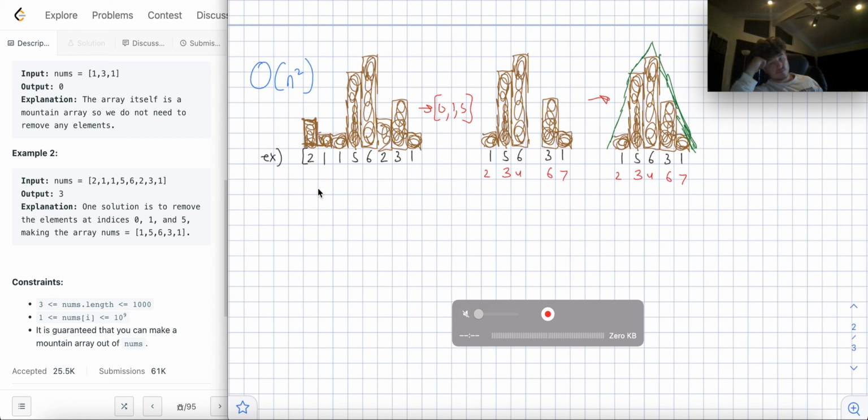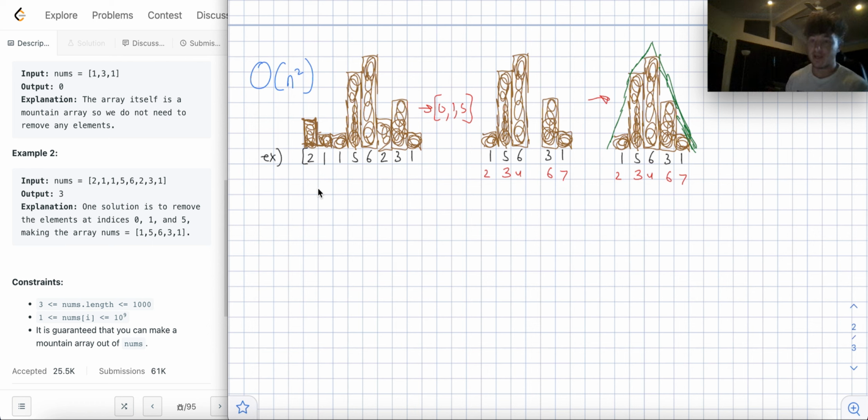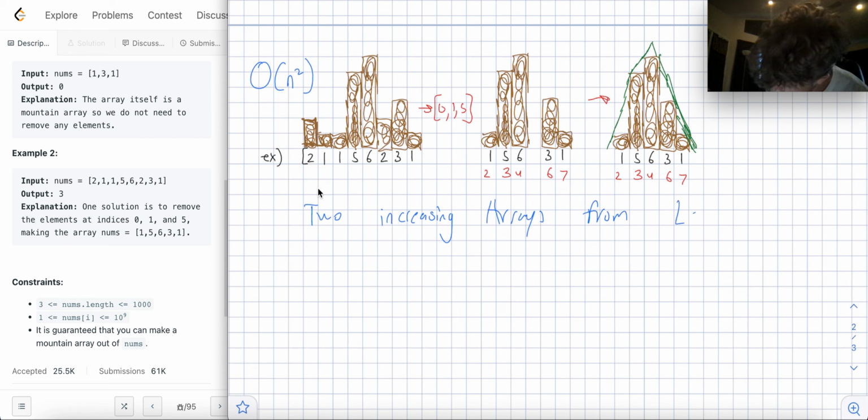So one way to first look at this problem is to say, well, we want to create 2 increasing arrays, right? One from left to right and one from right to left.